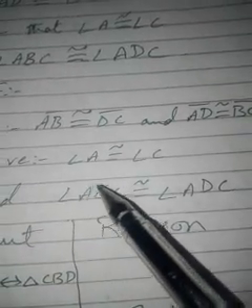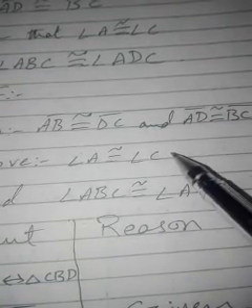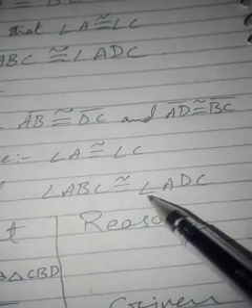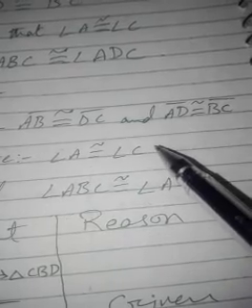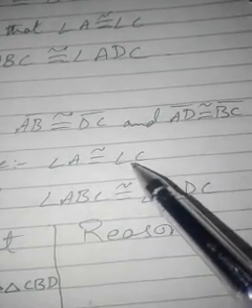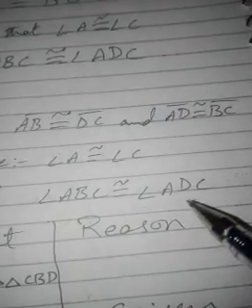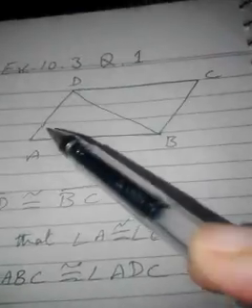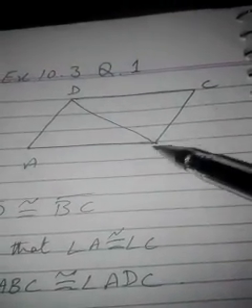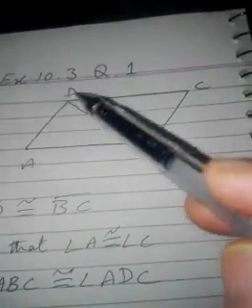Simply we can say that both the pairs of opposite angles are congruent. Angle A is congruent to angle C and angle ABC is congruent to angle ADC. This we have to prove. So let us start.